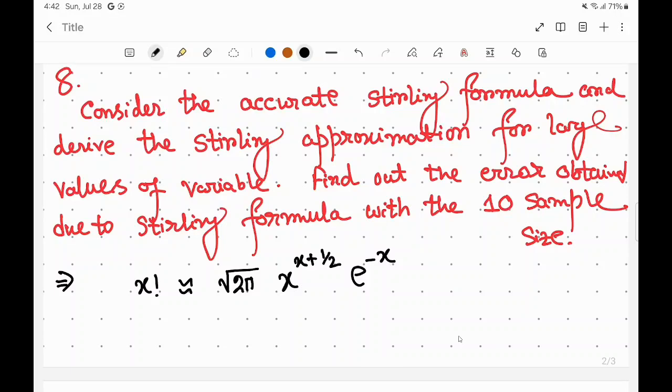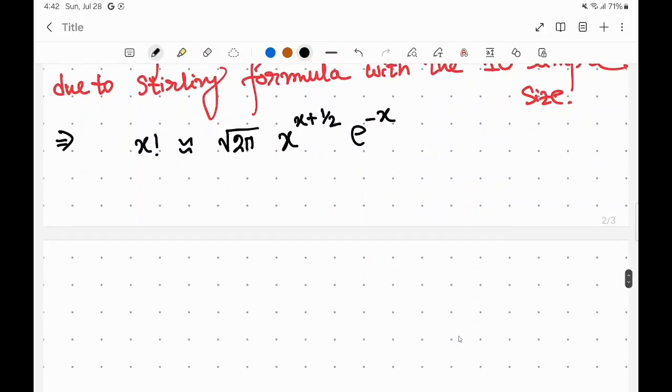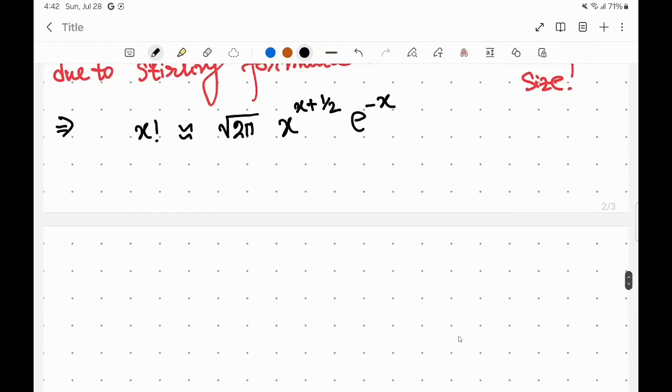Now you have to derive the Stirling approximation, which is the Stirling approximation, not the Stirling formula. So this is the Stirling formula. Now you can do it. Just take the log on both sides.